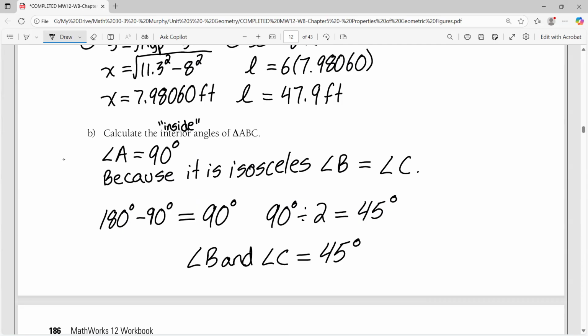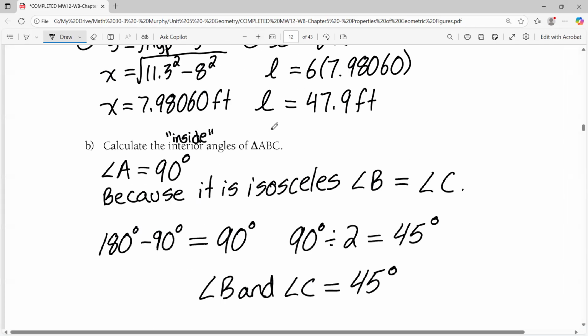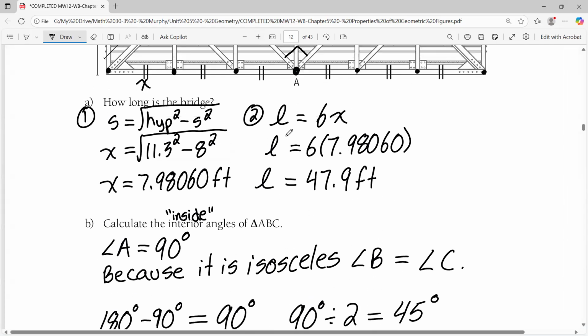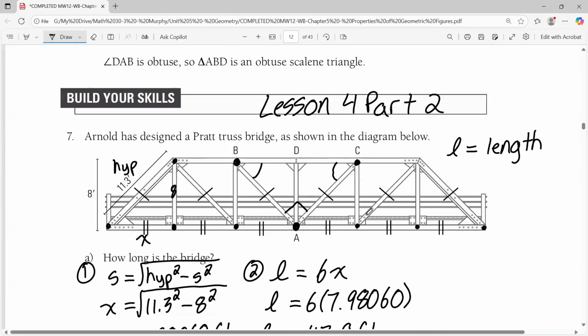Now I'm going to keep it on this page when we answer C, because you have to be able to look at the triangles. So classify triangle ABC by angle measure and side length. So this by angle is a right angle triangle, and two of the sides are equal length. So that is isosceles.